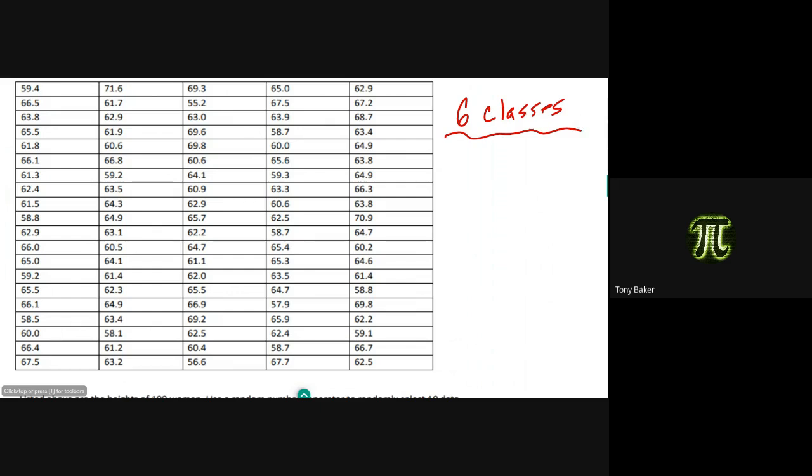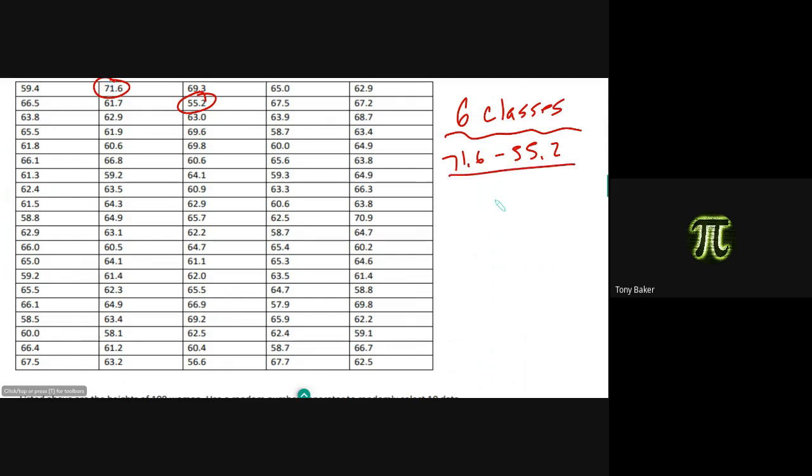For your class, what two things do we need? The maximum value and the minimum value. What's the maximum value? What's the minimum value? In the third row, it's 55.2 right there, and 71.6 is right there. Those are the smallest and biggest ones that I found.